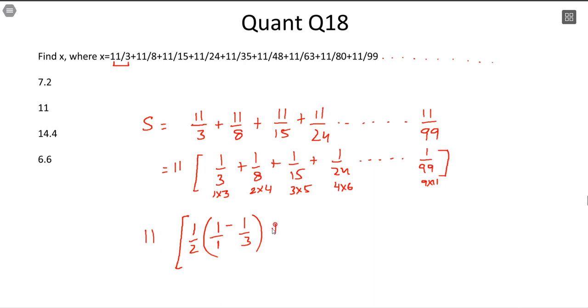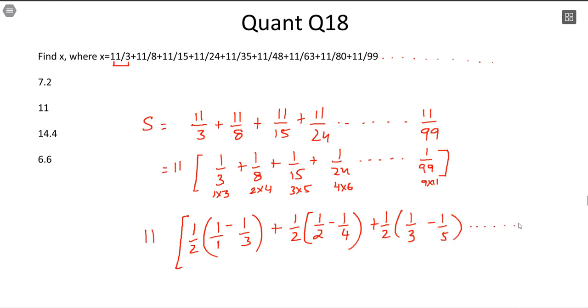Post that, you have half again and are left with 1 by 2 minus 1 by 4. Brilliant. Of course it works. Then you have half outside, then 1 by 3 minus 1 by 5. So on and so forth.